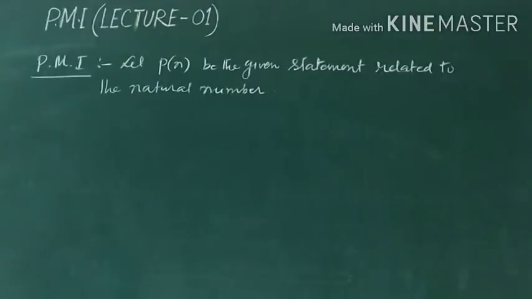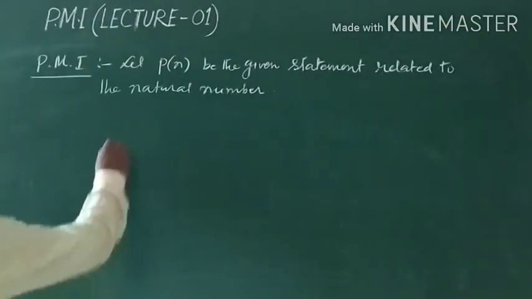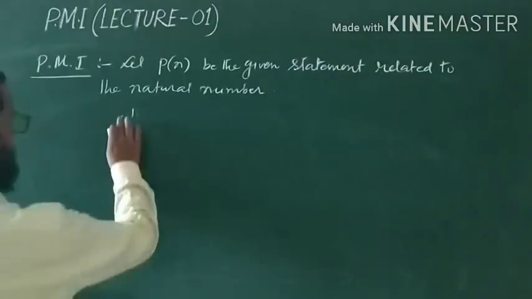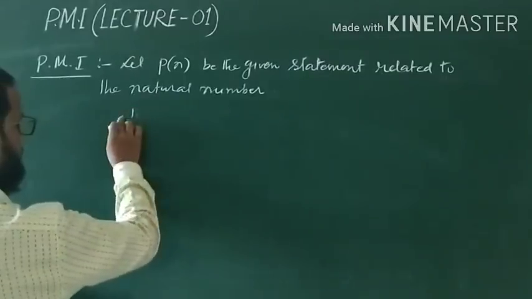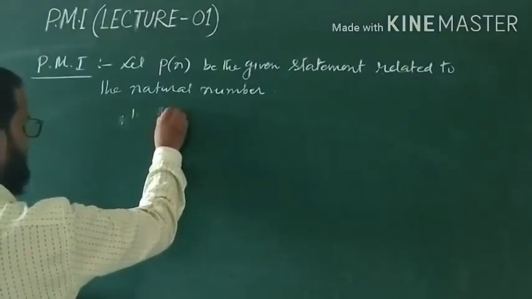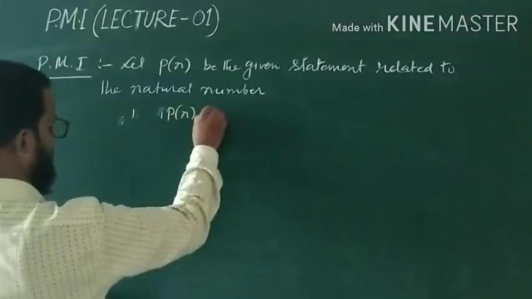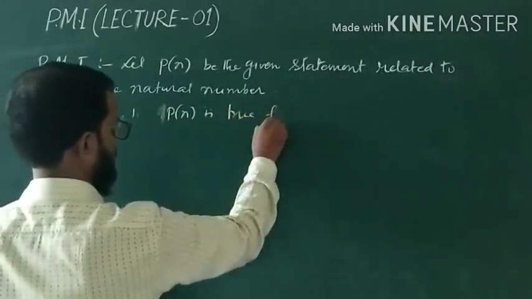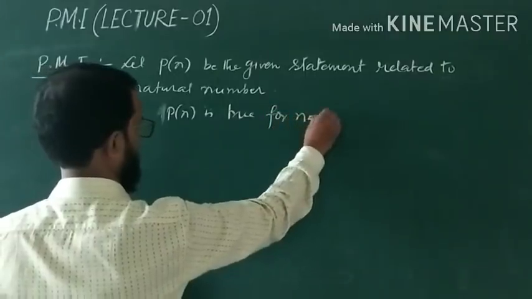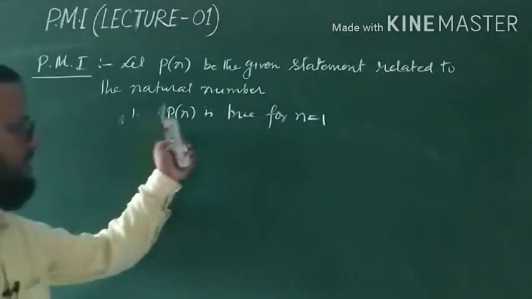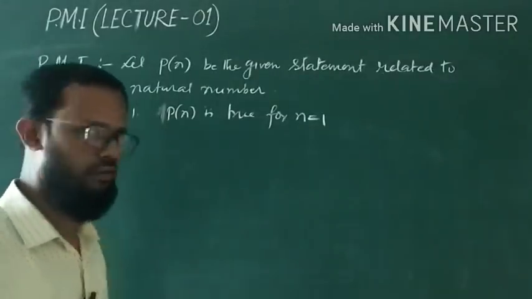Okay, what is the first step? Pn is true for n equal to 1. What should Pn be? Whatever the statement related to n is, that statement should be true for n equal to 1.